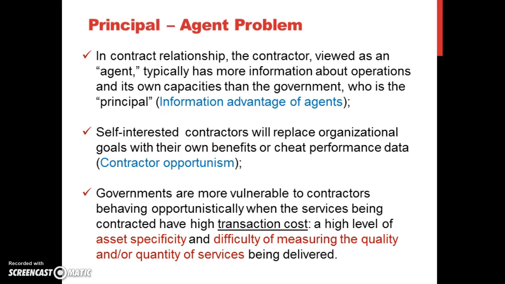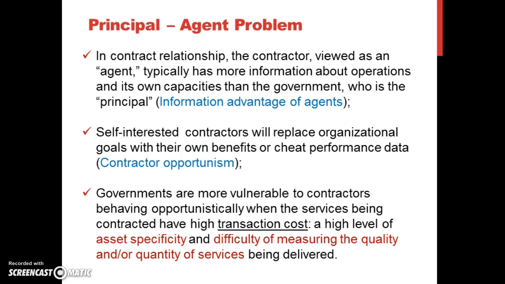The model identifies this information asymmetry between government, the principal, and contractor, the agent, as specifically important, because by utilizing this information advantage, principals cannot fully know what contractors do or what they can do.